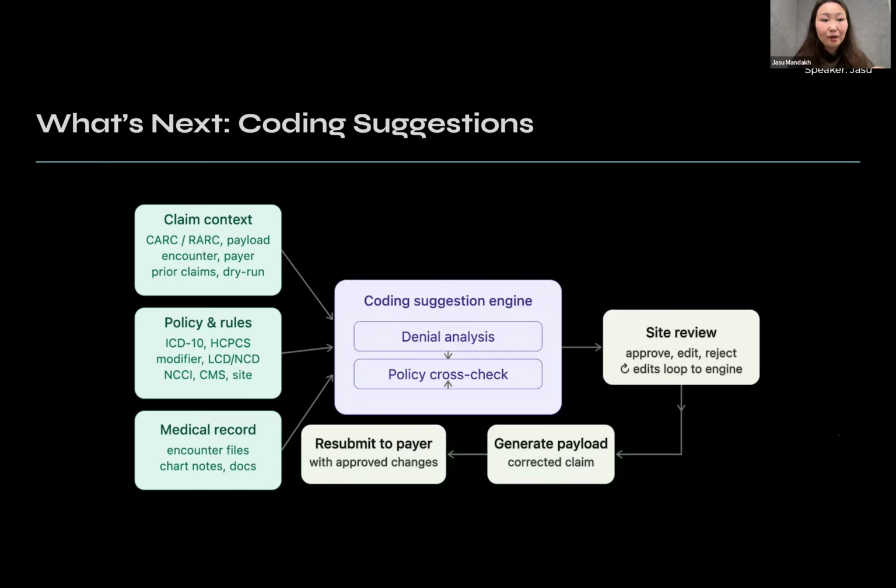It won't just be a note; we want it to be something that you can easily approve or deny. If you feel it's a correct suggestion, just approve it so that your payload gets changed, and then you can review the claim and get it submitted. If you feel otherwise, we really appreciate the feedback you can give us, so we can improve the coding accuracy as much as possible. Okay.